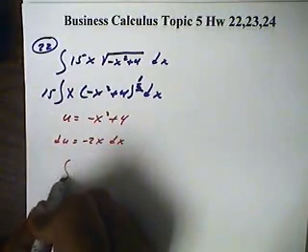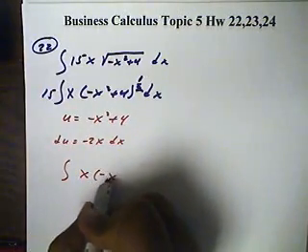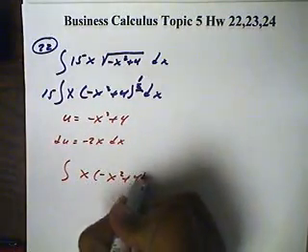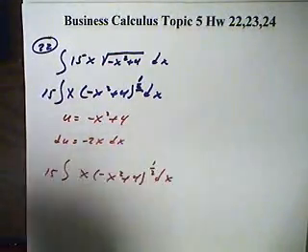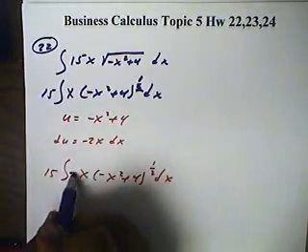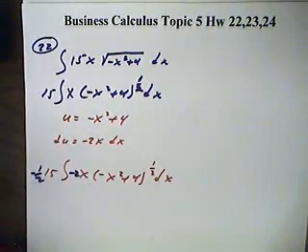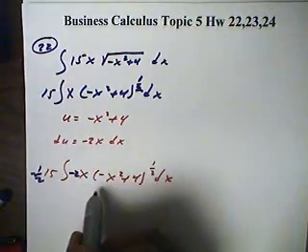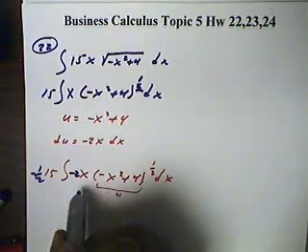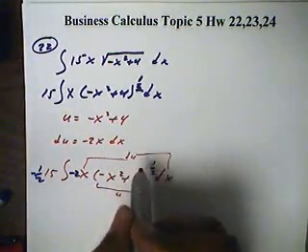So I'm going to include the negative 2 on the inside and a negative 1/2 on the outside. That means this portion here is your u, and this portion right here is your du.